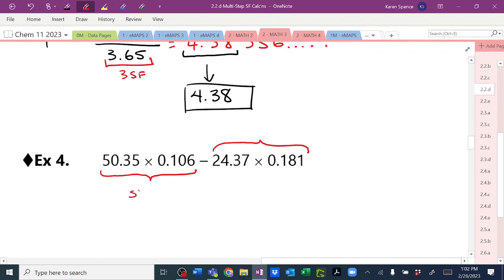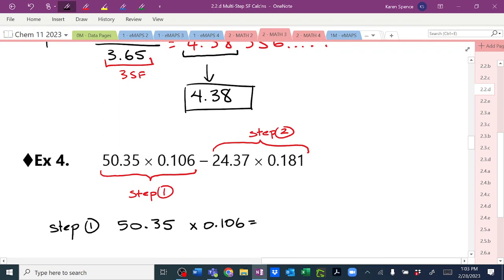So this is going to be step 1, this is going to be step 2, and then step 3 will be the subtraction. Step 1, 50.35 times 0.106. 50.35 times 0.106 equals 5.3371.